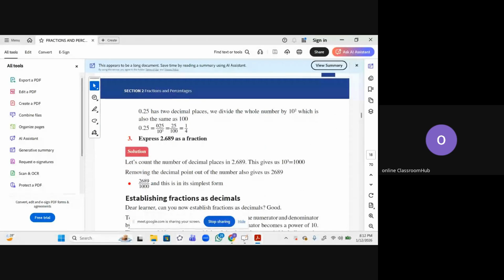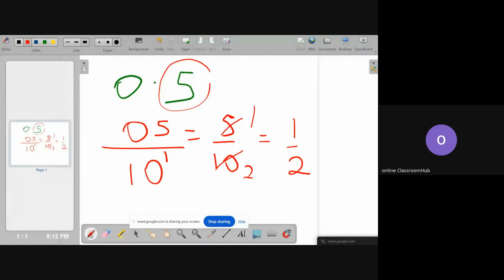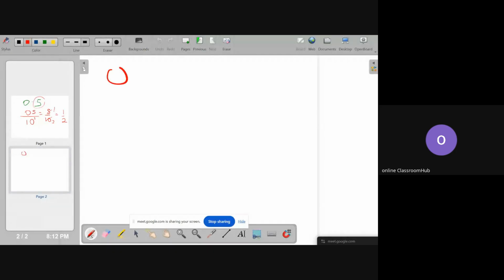If you have 0.25, now we want to convert from decimals to fraction. It says that we should count the number of decimal places. How many are they? 1, 2 decimal places, and express it as a power of 10. And also remove the point.